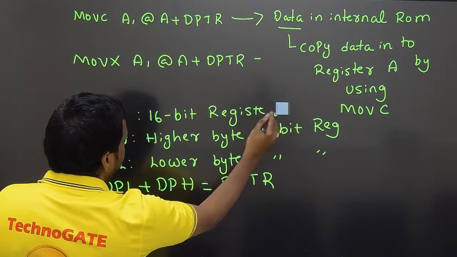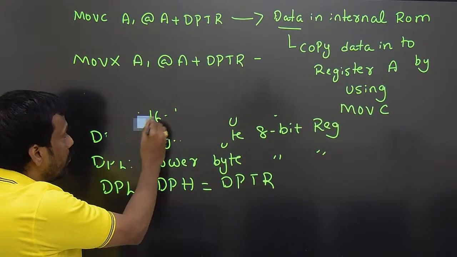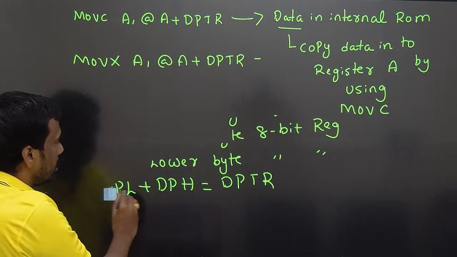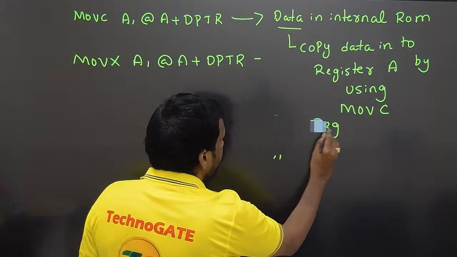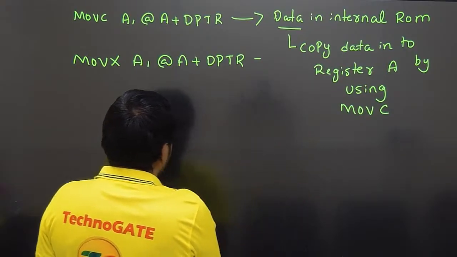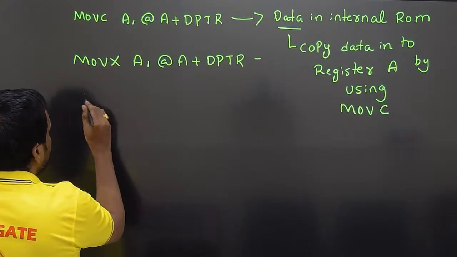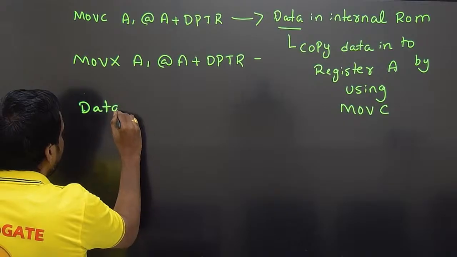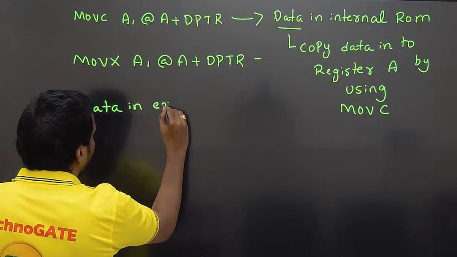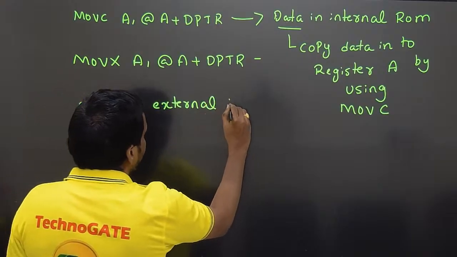So what is DPTR? DPTR is the data pointer. It's a 16-bit register. We have DPL and DPH. DPL means the lower byte, and DPH is the higher byte. So what is MOVX? Suppose data is in external memory.